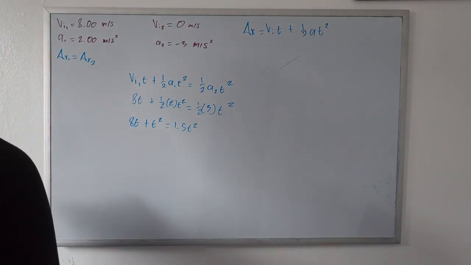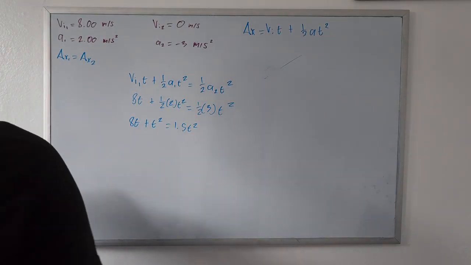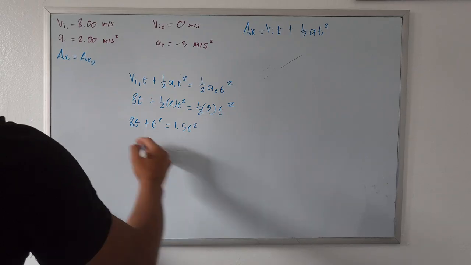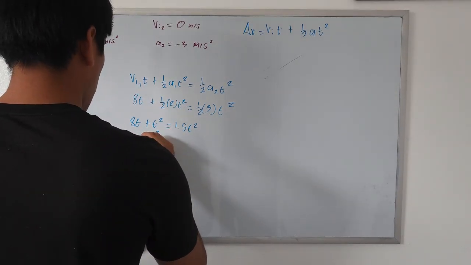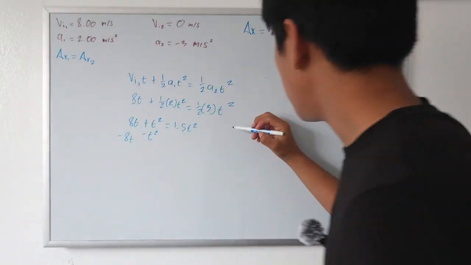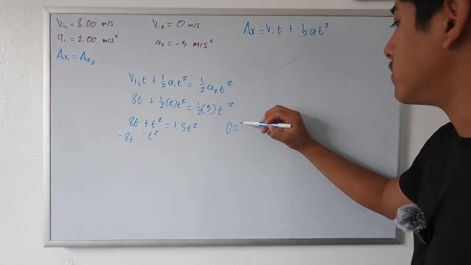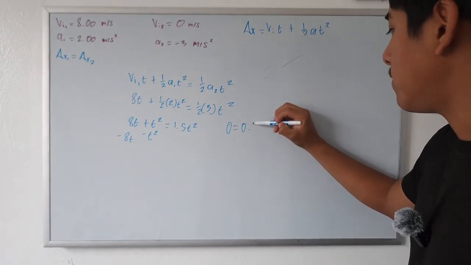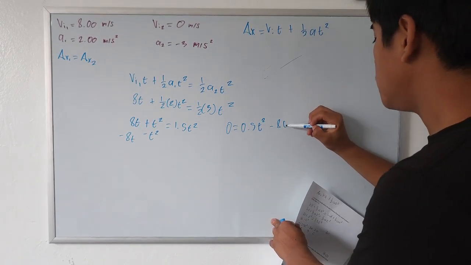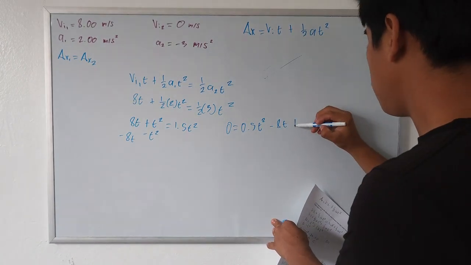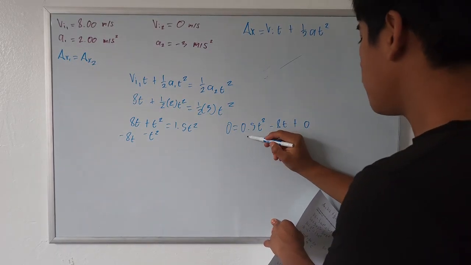And now we're going to get all of these on this side. So we're going to subtract t squared and subtract 8t. Then you're going to get 0 equals 0.5 t squared minus 8t. And then you could put a 0 at the end.